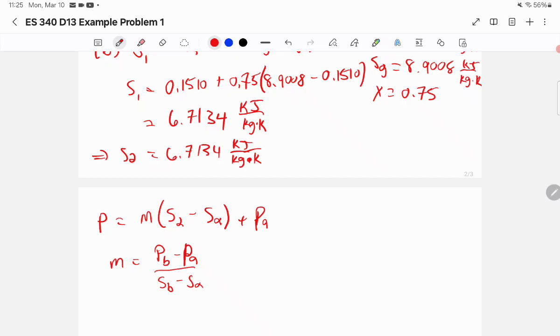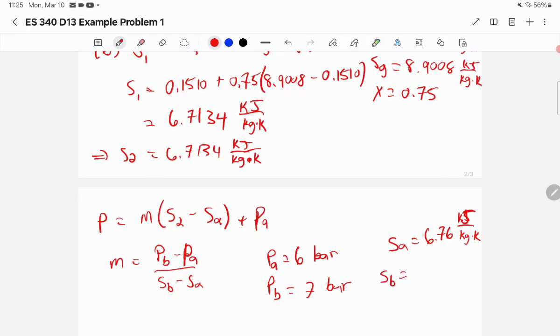And what are all those values? Well, we read them off the table. PA was equal to 6 bar. PB was equal to 7 bar. SA, coming off of the table, was 6.76 kilojoules per kilogram times Kelvin.